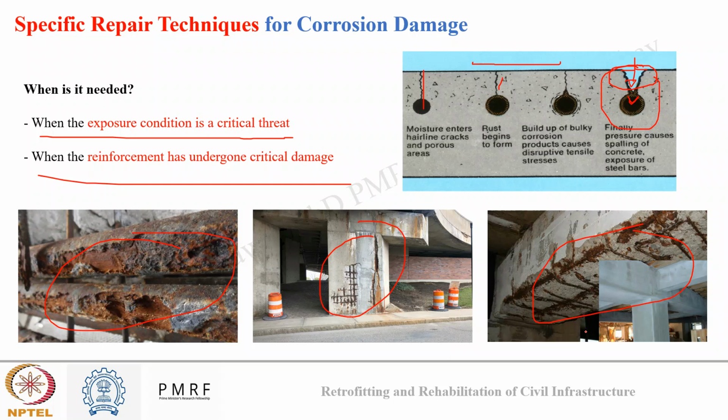I can give you some examples, like structures near the shoreline and under the splashing zone, for example the bridges that pass over water, like the Bandra Worli sea link in Mumbai. In these structures, even after concrete repair, degradation is a critical threat, which may again demand repair very soon. So it is a much better solution to provide some repair technique for the reinforcement also along with the concrete.